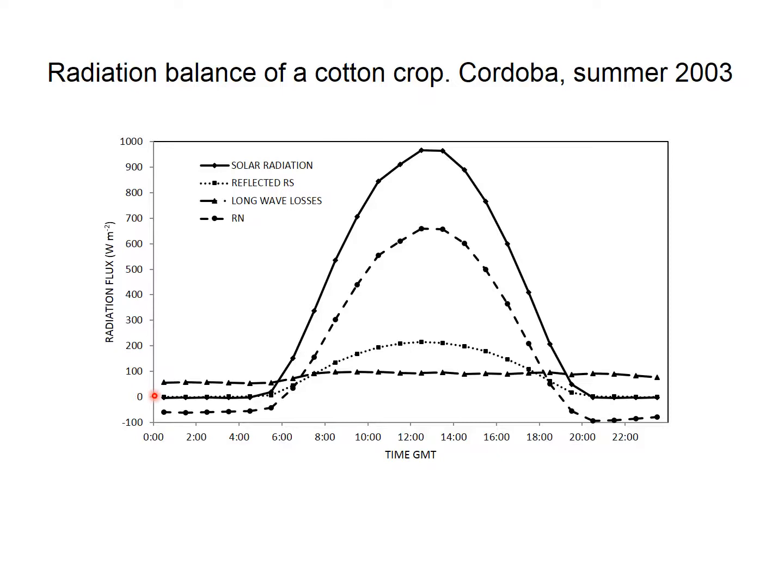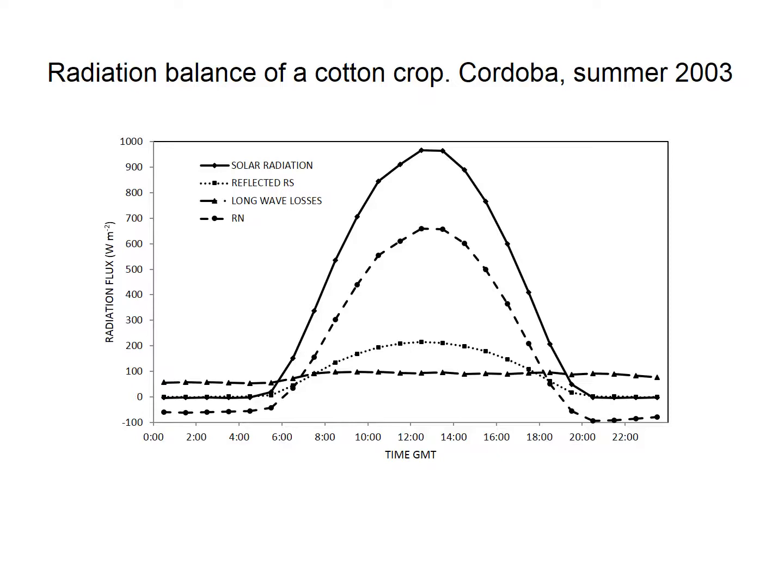We have typically curves of solar radiation like cosine curves with maximum during solar noon. We have a value of 0 during the night for solar radiation, and then the reflected radiation would be this one, which is in proportion to incoming solar radiation.